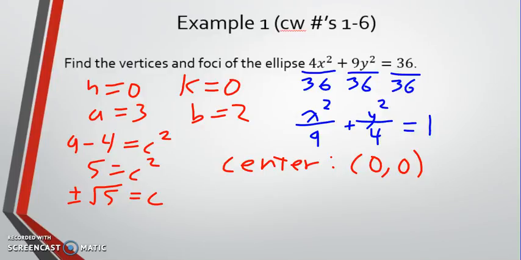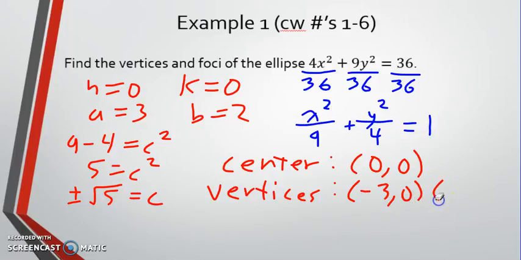So for my vertices, if I go 3 to the left and 3 to the right, because that's my a value, and it's underneath the x, so the number underneath x is 3, then 3 to the left would be negative 3, 0, and 3 to the right would be positive 3, 0. So those would be two of the endpoints of our ellipse.